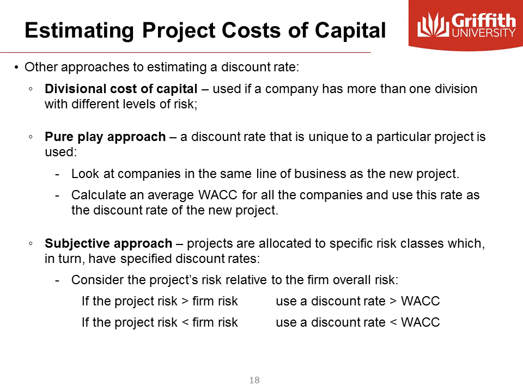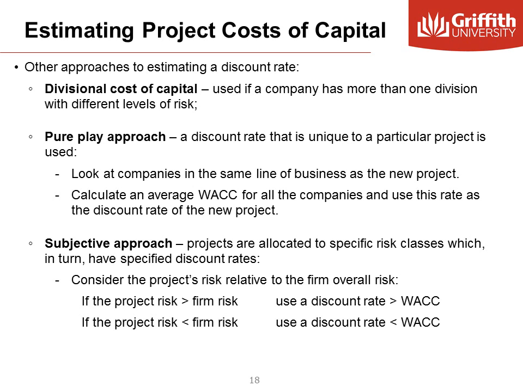These are some of the ways managers use to calculate the cost of capital based on different circumstances. The divisional approach requires a separate WACC for each division that has different risk levels. If we decide to use the pure play approach, we must calculate a discount rate that is unique to that particular new project with different risk from our line of business.